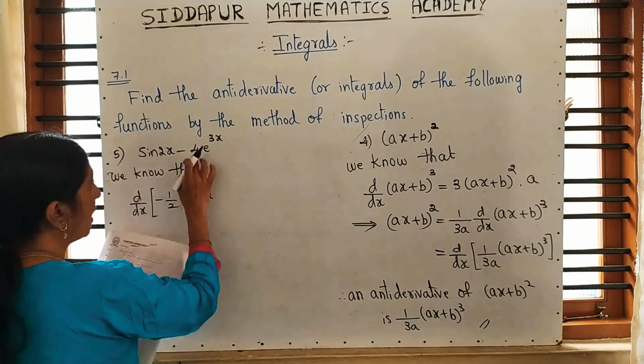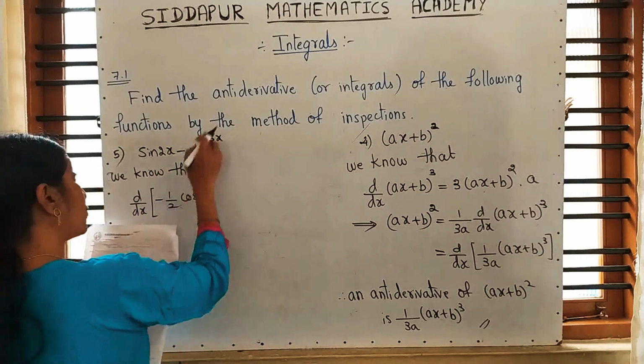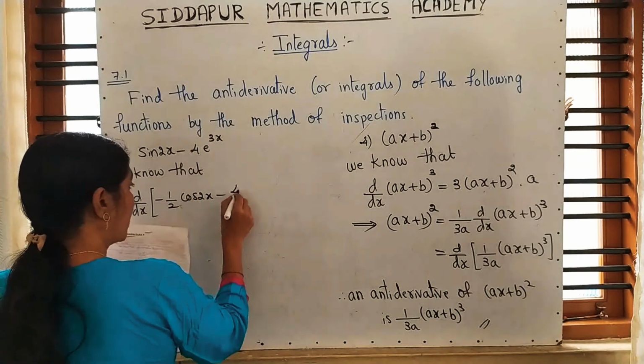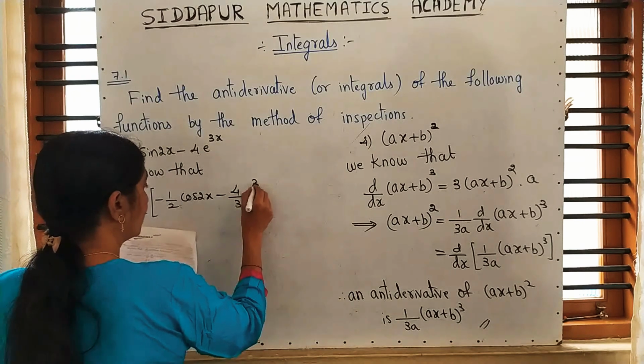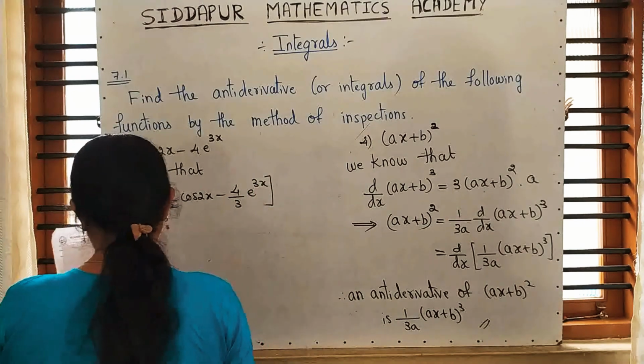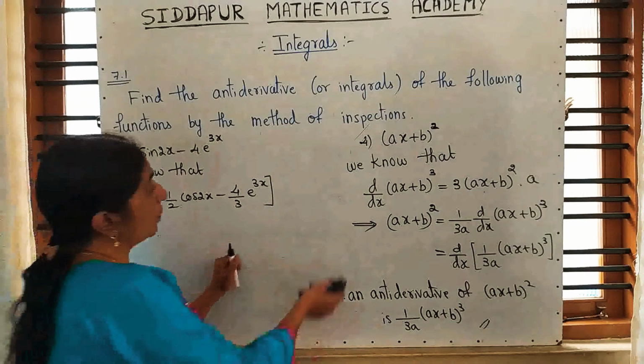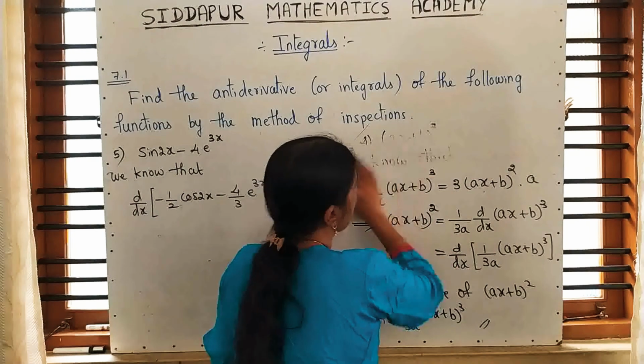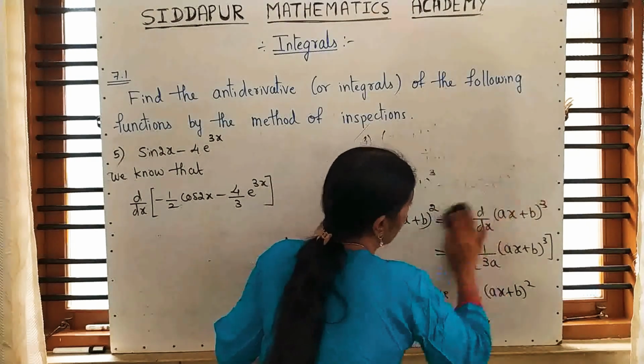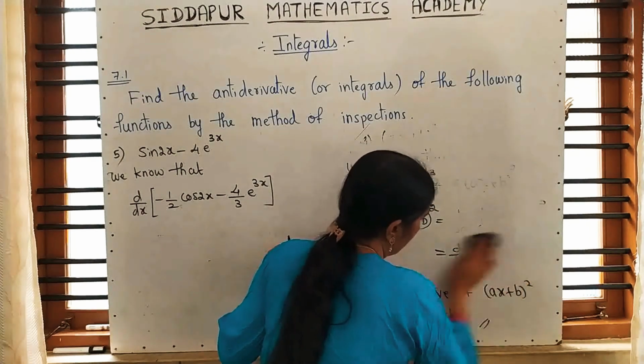Directly I am writing. And here I want 4 into e raised to 3x. If I write like this, tell me what is the differentiation of this. Why am I writing directly? Because after doing so many examples in differentiation, we are familiar with that basic differentiation. That's why I wrote directly.